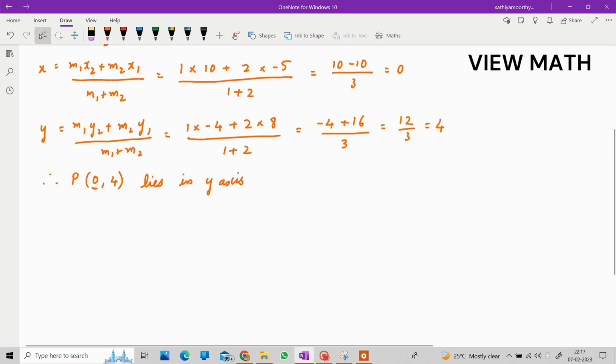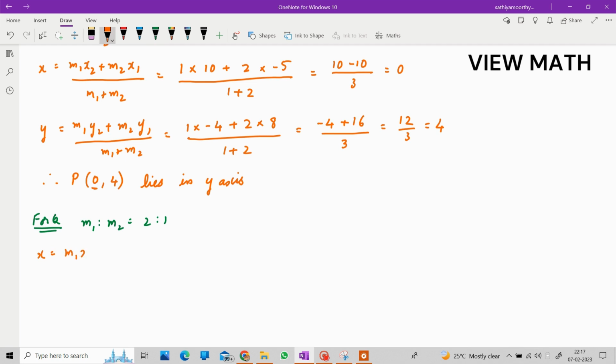Okay, now let me check the coordinates of Q. For Q, m1:m2 is equal to 2:1. x is equal to (m1x2 + m2x1) divided by (m1 + m2).